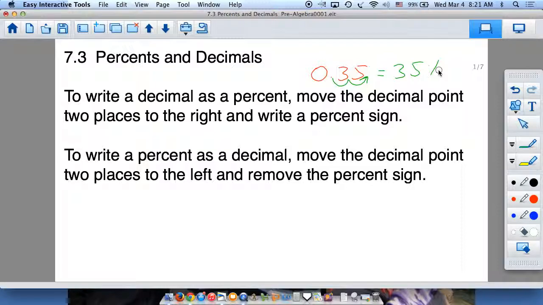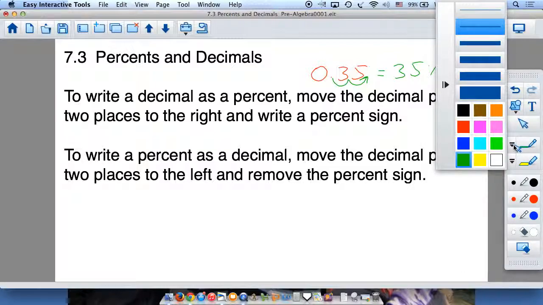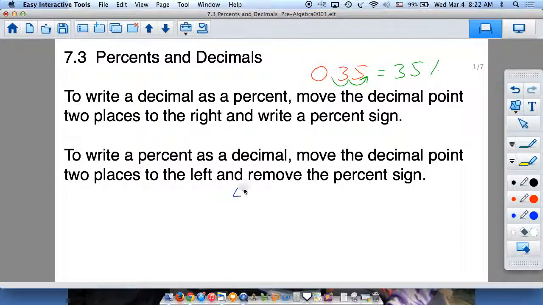Now, on the flip side, to write a percent as a decimal, we're going to move the decimal point 2 places to the left and then remove the percent sign. What you're doing mathematically is dividing by 100. Let's take 49%.